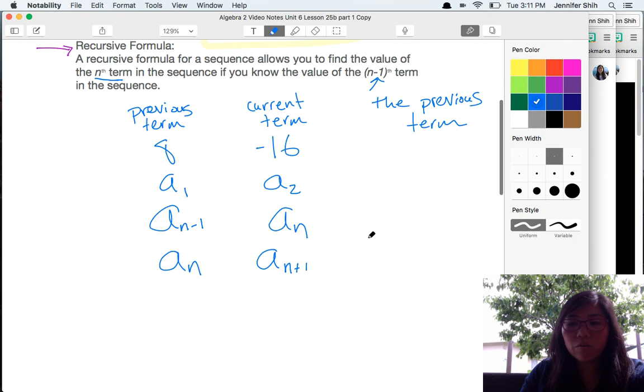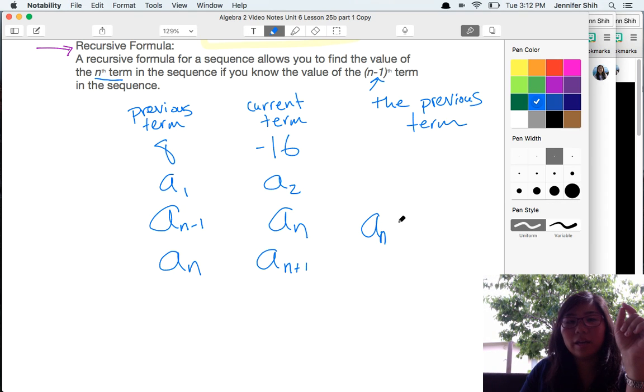The recursive formula for this is you have a sub n. In EngageNY, they actually start with a sub 0. So the lowest number that you can plug in for n is 0.